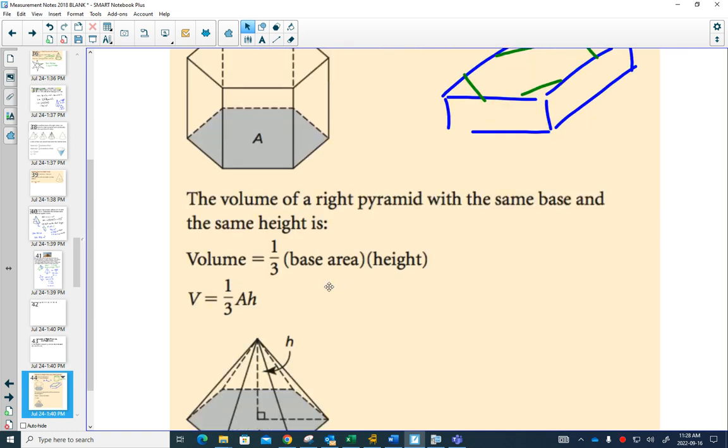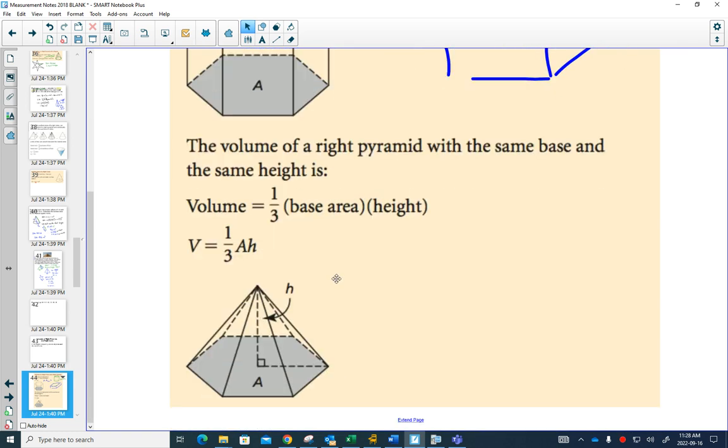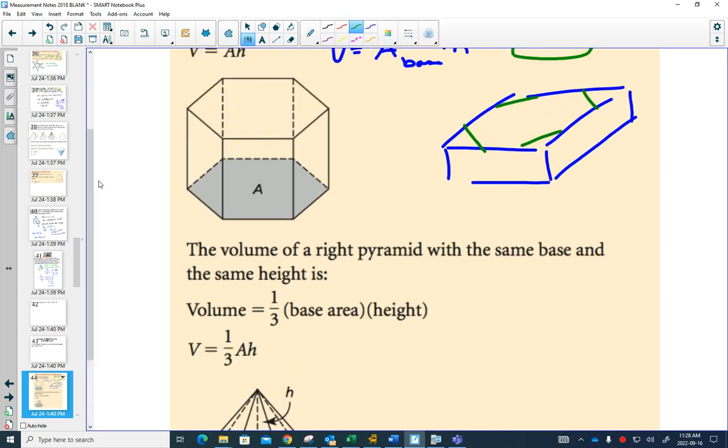Now, what's really kind of cool is, if I take this shape and draw a point right in the middle and connect all of these lines, can you see that that would make a pyramid? And what's really cool is that no matter what shape you make a pyramid with, if you took that pyramid and tried to refill the prism, it would take exactly 3 of them to fill up the original shape.